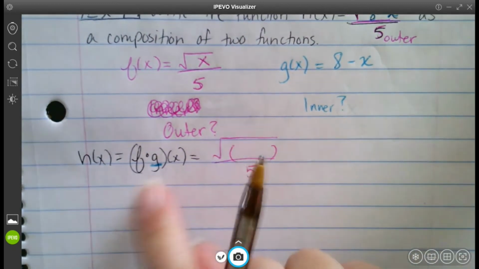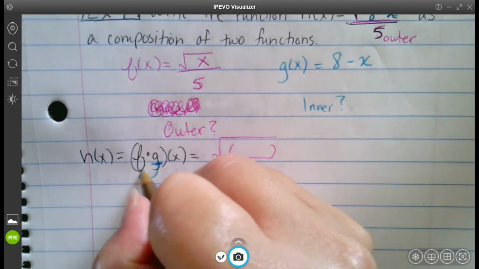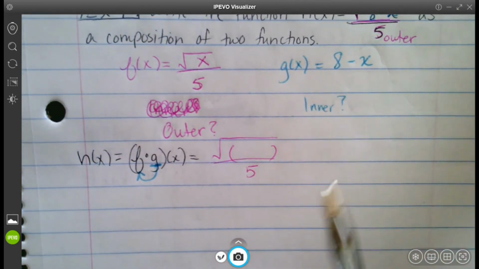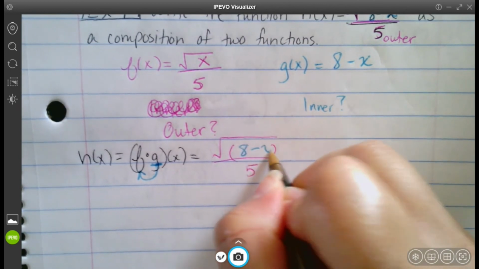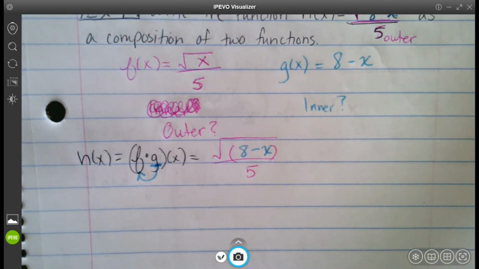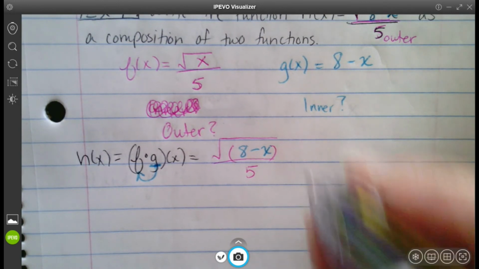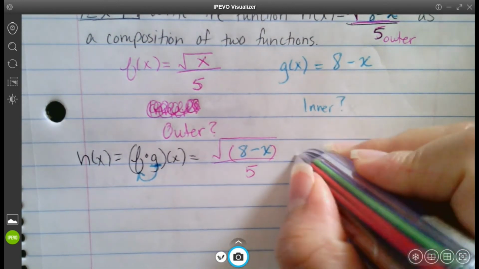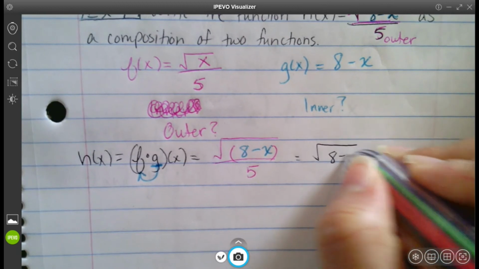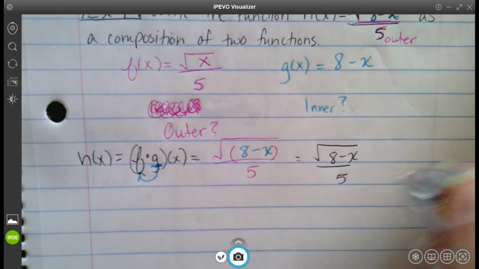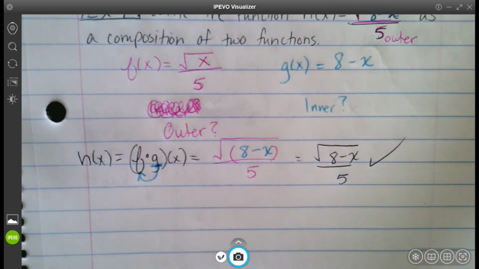My g function goes on the inside, so 8 minus x gets plugged into f. This looks really similar to what I have, except for those parentheses. But remember that the square root kind of acts like a parentheses; we just don't usually write it unless it's in a calculator. So this is the same as the square root of 8 minus x over 5, which is what we wanted.